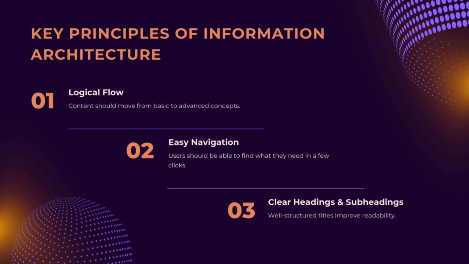The last point we have is clear headings and subheadings. Very, very important. When you don't have a well-structured title, it doesn't improve readability. Sometimes you look at the content and you don't know where you are. You're wondering, have I got to the next point?